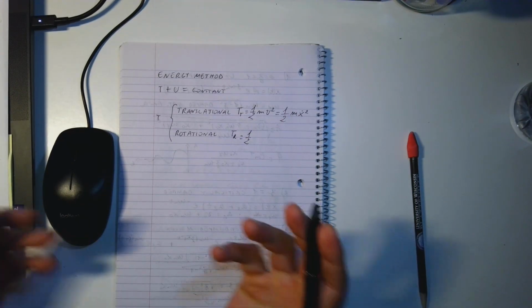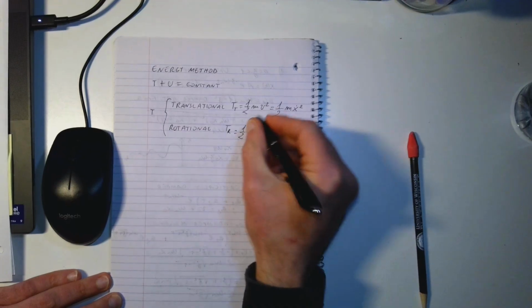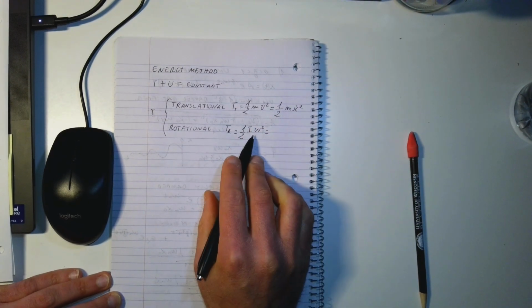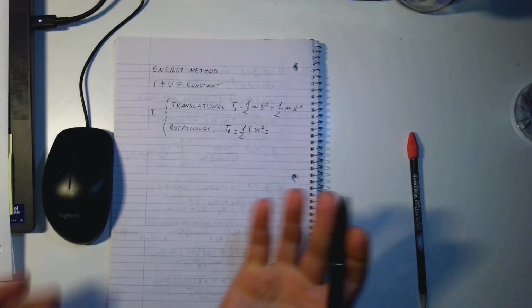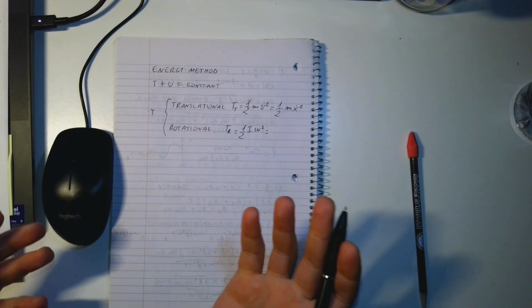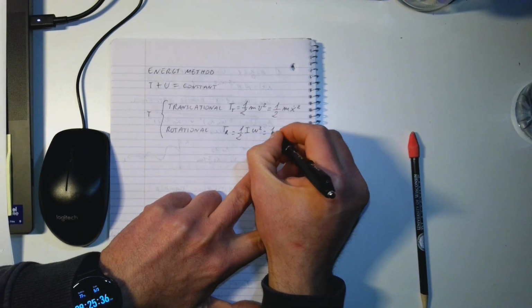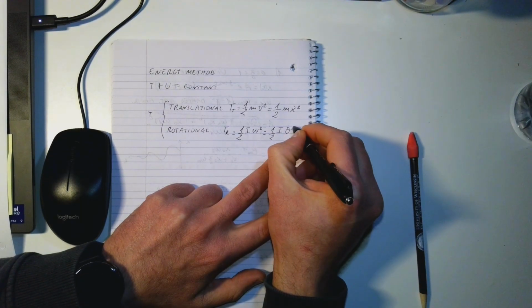The rotational inertia will be the moment of inertia, so we have I, and then omega squared, where omega in this case indicates the angular velocity. Even in this case, we want to indicate the angular velocity with respect to our variable, so we can write this as 1 over 2 I theta dot squared.